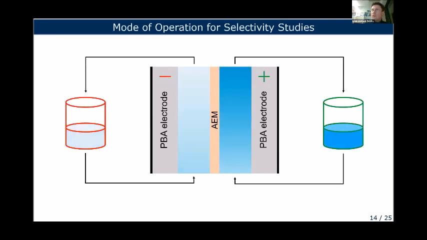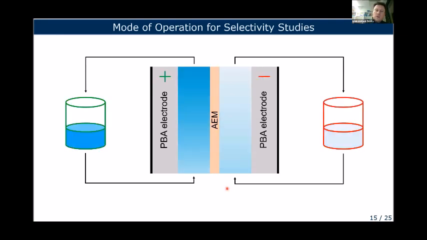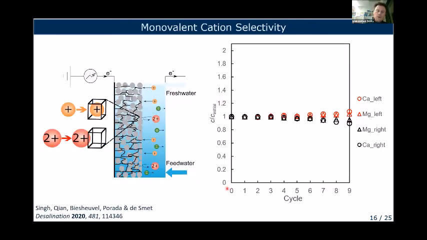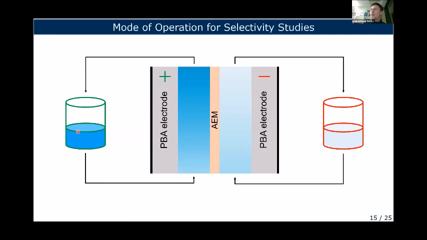We put the electrodes in the different solutions. It's a batch process, but we make it continuous this way to build up the concentration in what is called here green, and also the reduction in the red beaker in this particular case.